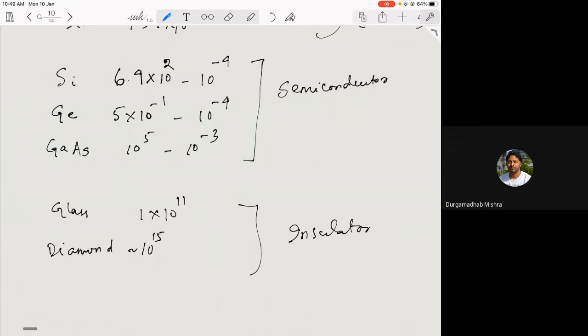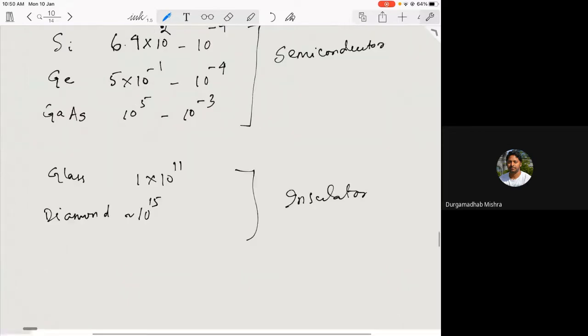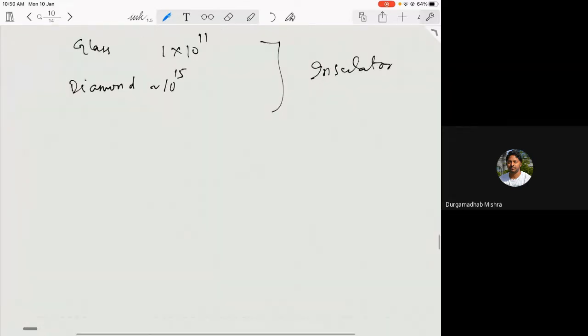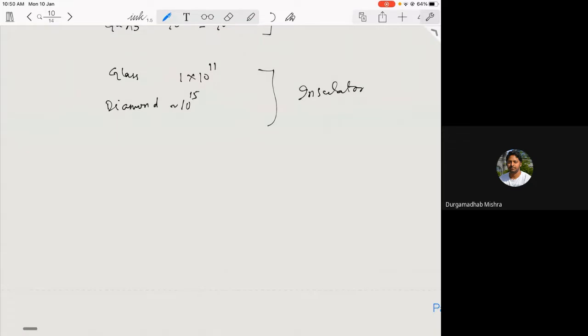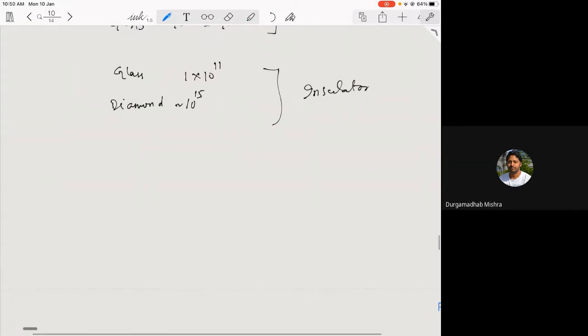So this is like the absolute measurement, but how do we distinguish between them? One needs to perform a temperature dependent resistivity study.